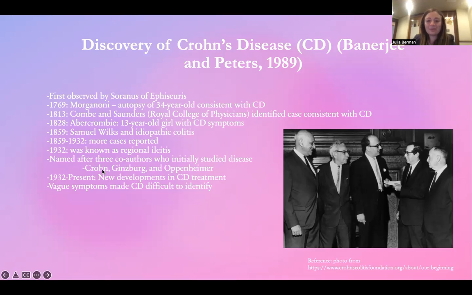Dr. Crohn, who Crohn's disease is named after, and his co-authors were Dr. Ginsburg and Dr. Oppenheimer. Here in this image, you can see Dr. Crohn, Dr. Ginsburg, and Dr. Oppenheimer. So from 1932 to the present, there have been many new developments in the treatment of Crohn's disease.